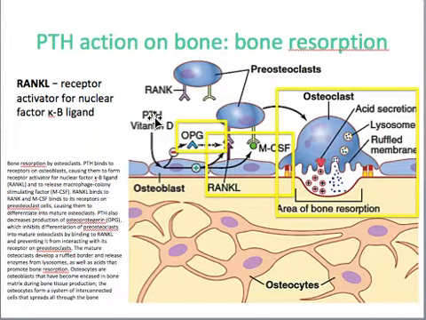So your PTH activates bone resorption by binding to your osteoblast. When your PTH binds to your osteoblast, it facilitates the formation of your RANK ligand, and your RANK ligand will now be able to bind to the RANK receptor in your pre-osteoclast.